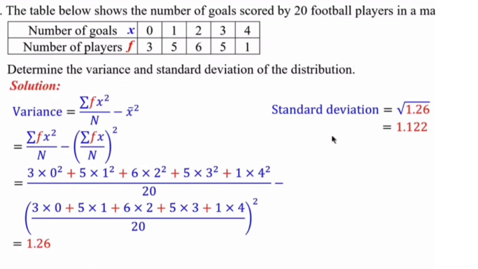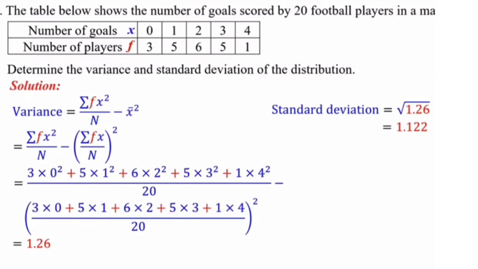The mean square is 3 times 0 plus 5 times 1 plus 6 times 2 plus 5 times 3 plus 1 times 4, that is total fx, over 20, then the whole thing squared.